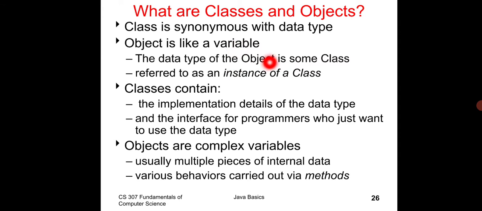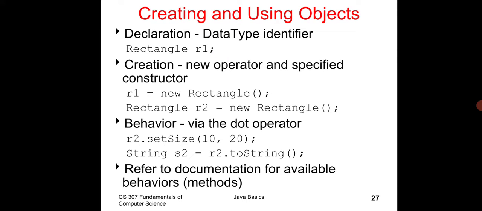For each class we are going to have different objects. Class contains implementation details of the data type, interface, like that. Objects are complex variables. It is a piece of internal data in the class. Various behaviors can be carried out, in the sense we can carry out different operations through methods.